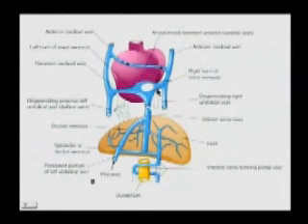So now we see the enlarged right horn of the sinus venosus receiving basically the inferior vena cava, and it has the left horn of the sinus venosus receiving the left common cardinal vein.